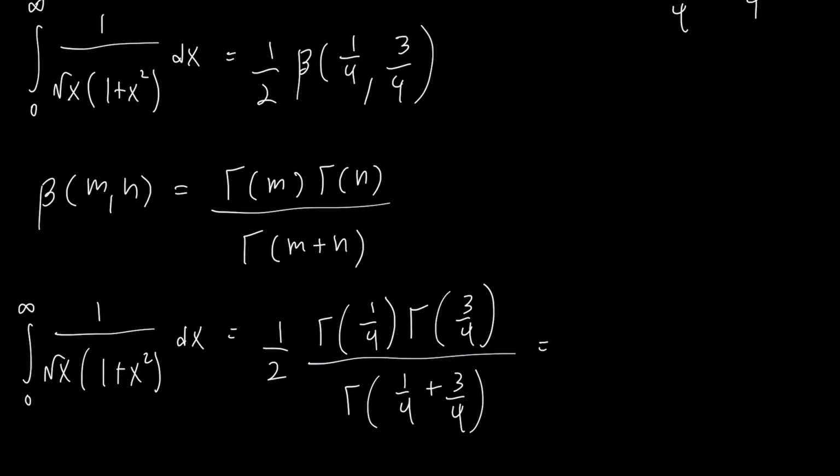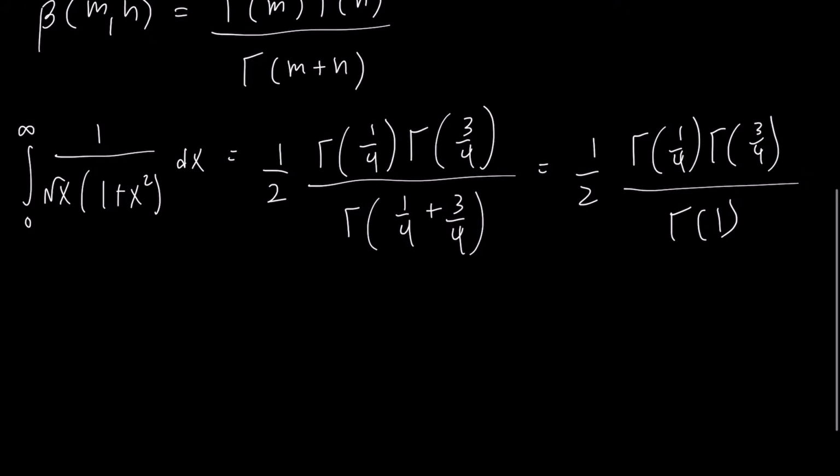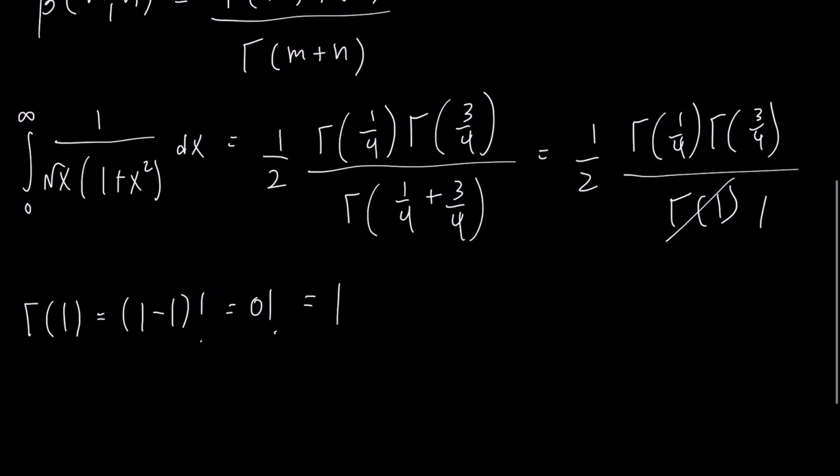It's the same thing as 1/2 of gamma of 1/4 times gamma of 3/4 over gamma of 4 over 4, which is 1, so you have gamma of 1. But gamma of 1 is the same thing as 1 minus 1 factorial, which is 0 factorial, which is equal to 1. So this is just 1.